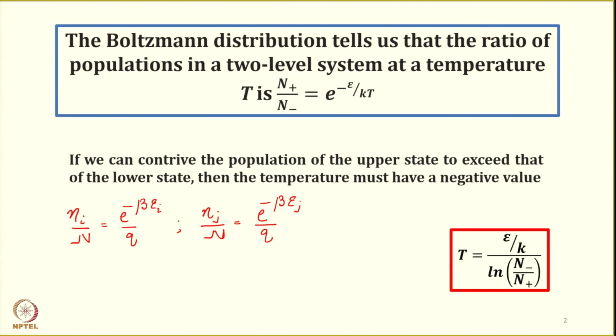And if I now write the ratio Nj upon Ni, N and Q will get cancelled. So I will have exponential minus beta (Ej minus Ei). So this way I can write the ratio of populations in a two-level system. I will now talk about it in terms of temperature. Let us say we have systems 1 and 2, the ith state and the jth state.